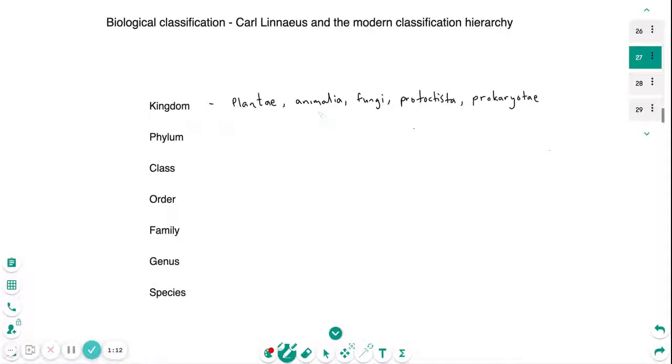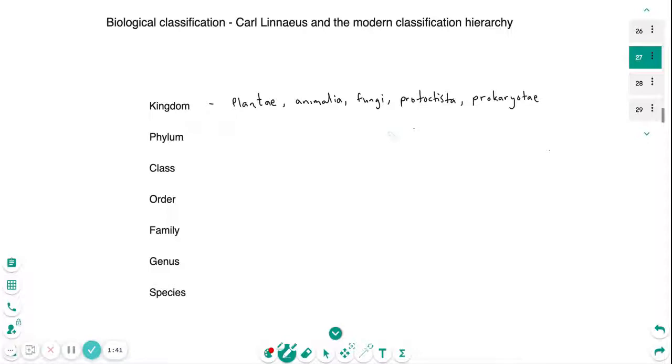The animals are also multicellular, but heterotrophic, so they have to consume food in some form and digest it to get the energy from it. Fungi are neither autotrophic nor heterotrophic. They don't ingest food. They're saprophytic, which means they release enzymes onto the food source, so it's part of the decay process.